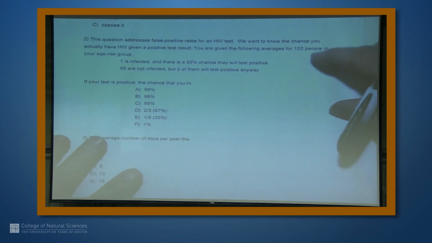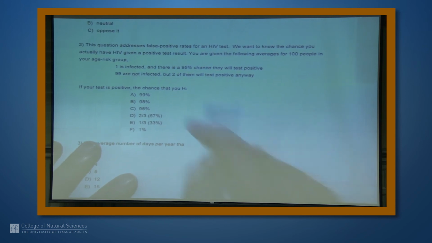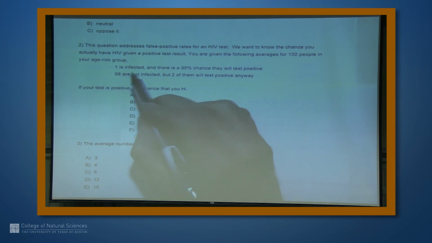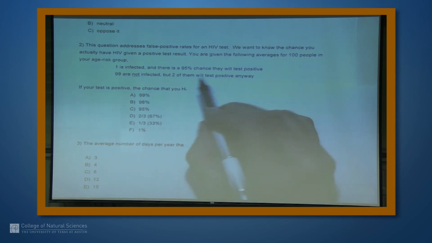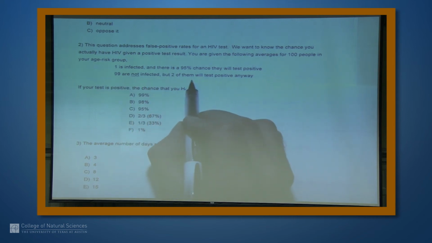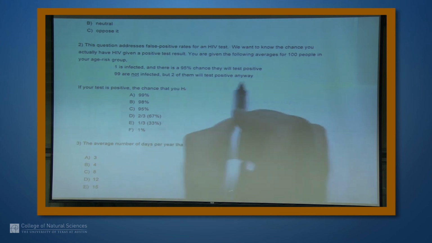Here are the same data presented a different way. On average, for 100 people in your age risk group, the following statistics apply. On average, one is infected. That's the 1%. And there's a 95% chance they will test positive. In other words, that one person will almost always test positive. 99 are not infected, but because there's a 2% error rate, 2 of them are going to test positive anyway.